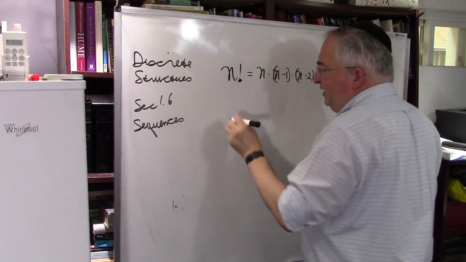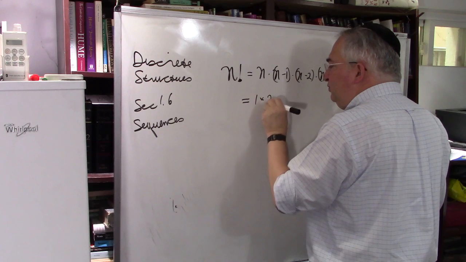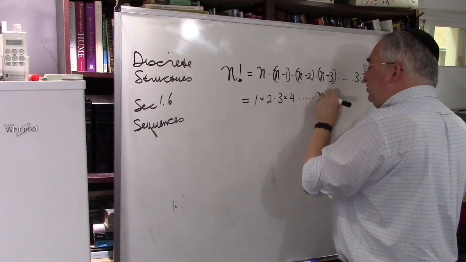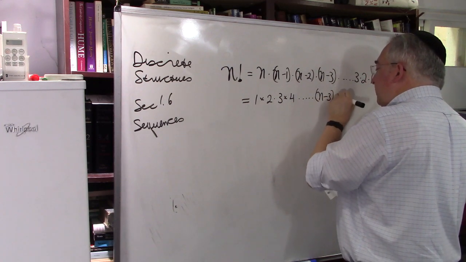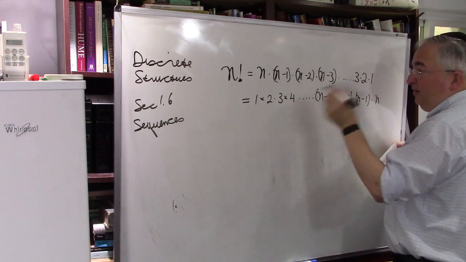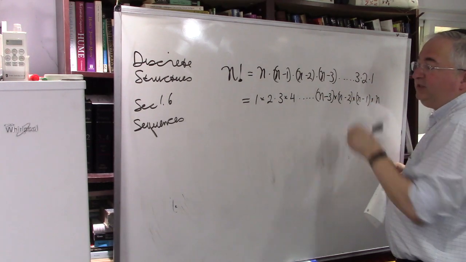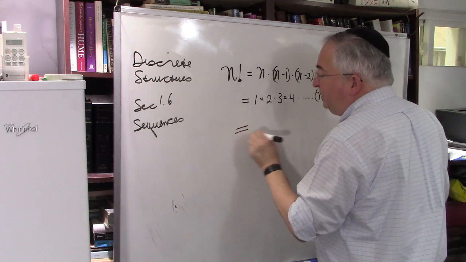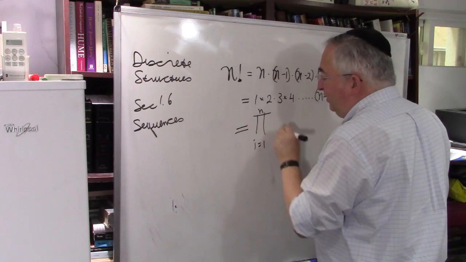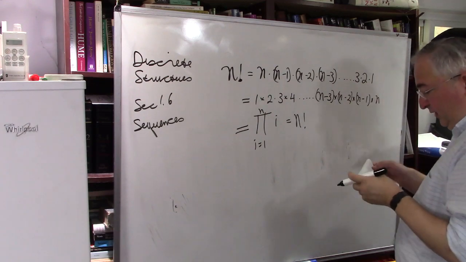Another way to say that is, we can just write it another way: 1 times 2 times 3 times 4 times dot dot dot times n minus 3 times n minus 2 times n minus 1 times n. Multiplication goes both ways. a times b is equal to b times a, so it doesn't matter what order you do it. But another way to write this is the product of i equals 1 till n of i. That's equal to n factorial.